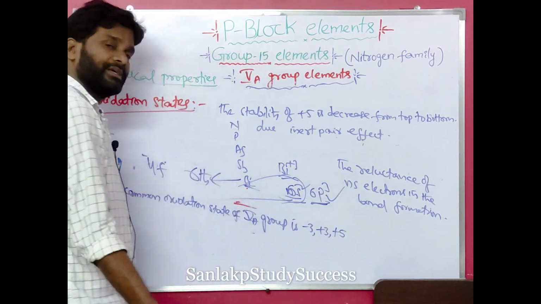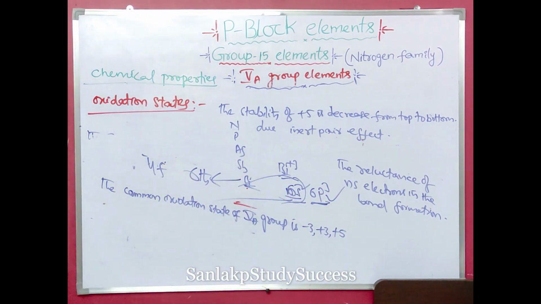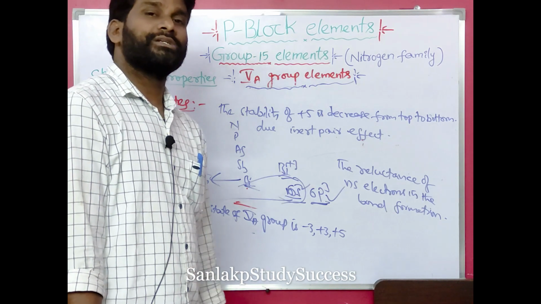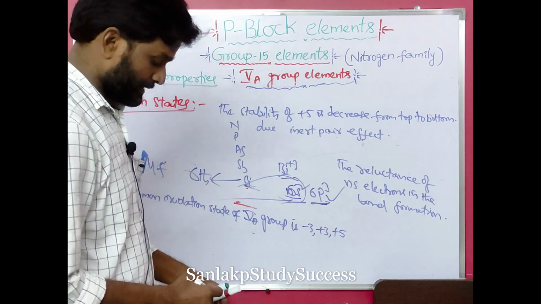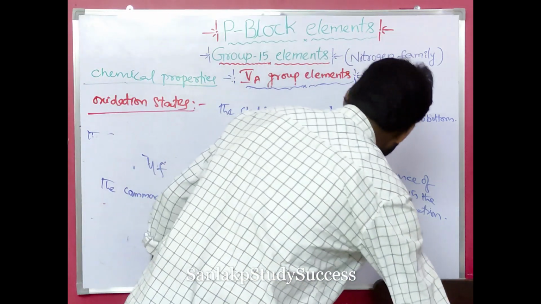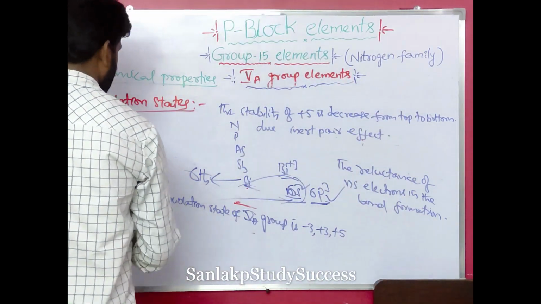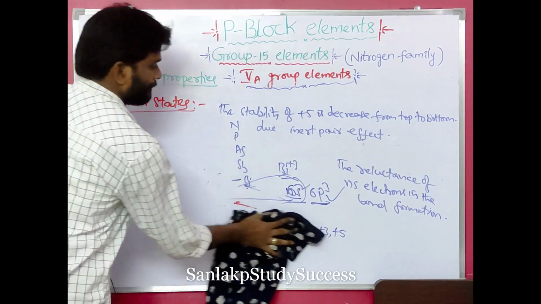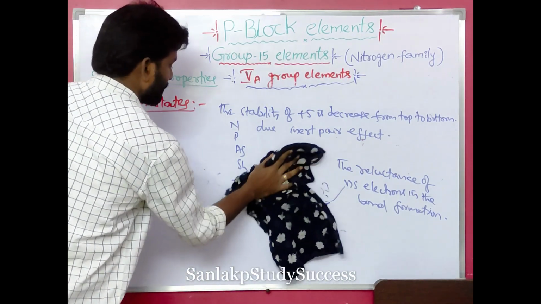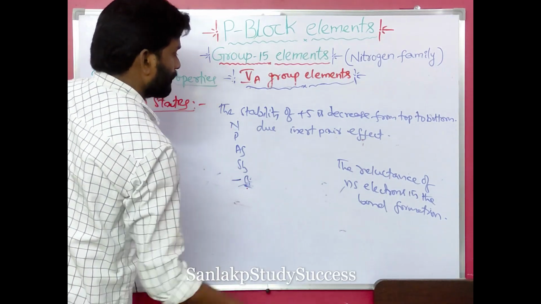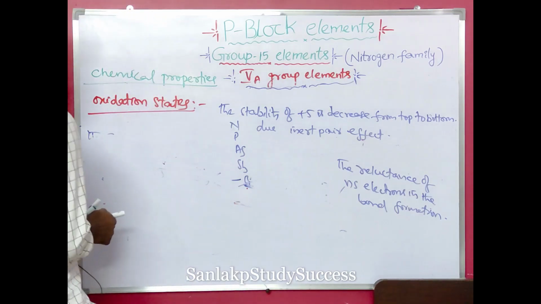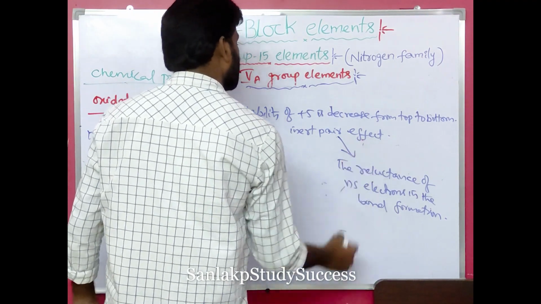Why can bismuth not show a plus 5 oxidation state? Due to inert pair effect. So this is the inert pair effect.